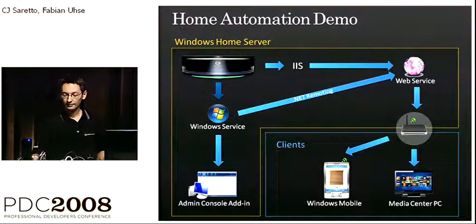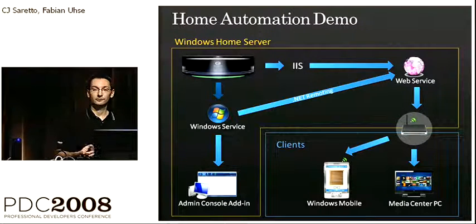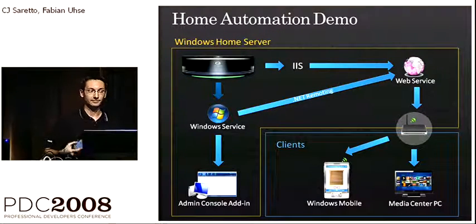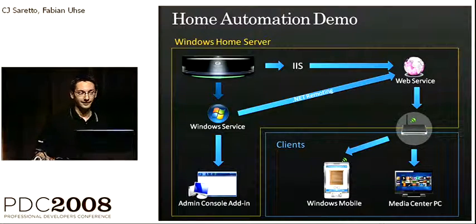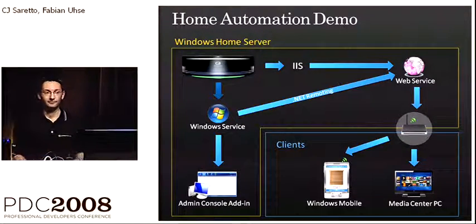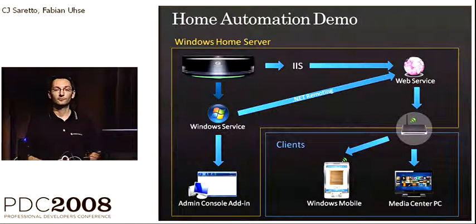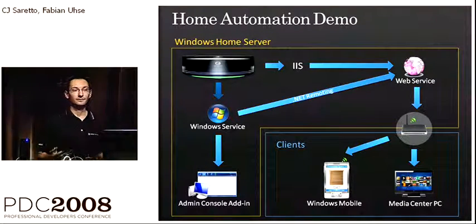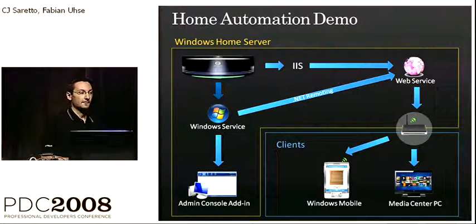My Windows Mobile app, actually, took longer to create the graphics than to write the actual web service code for it. My point is, it's really easy to develop for Windows Home Server because it's basically a Windows Server 2003.